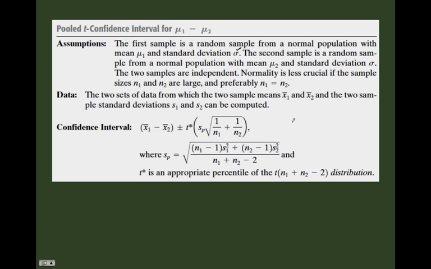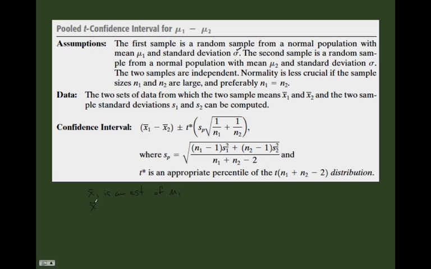All right. So then we have some data. And what we're going to do is calculate the sample means for those data sets and the sample standard deviations. So notice we have the estimate for the difference. So this is complicated, but x bar sub 1 is an estimate of mu1.